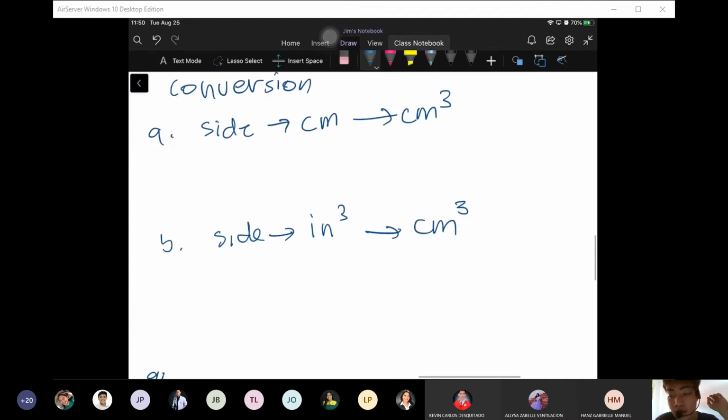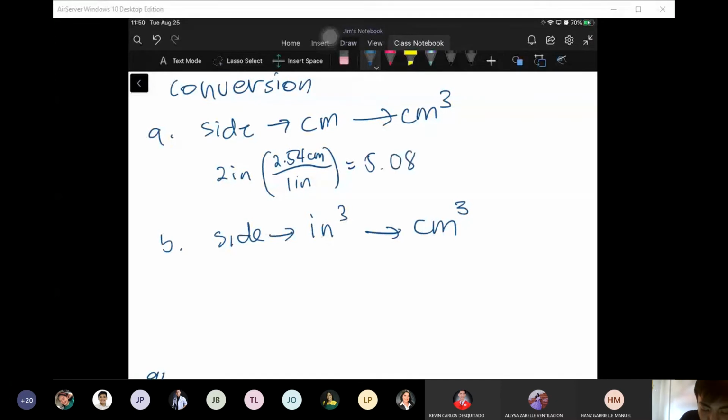Okay. So, paano yan, no? Still the same. I know you know this naman, pero we will show. So, for A, if we're going to convert the side first into centimeters before siya gawing volume, all we have to do is to write 2 inches times the conversion factor, 1 inch, 2.54 cm, and this is equivalent to 5.08 cm.